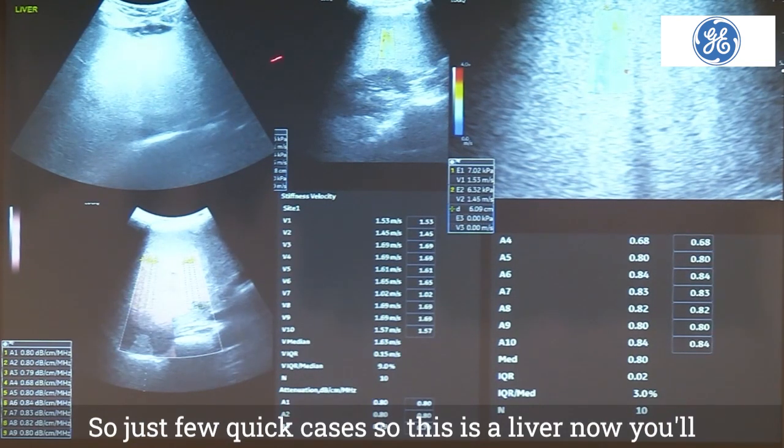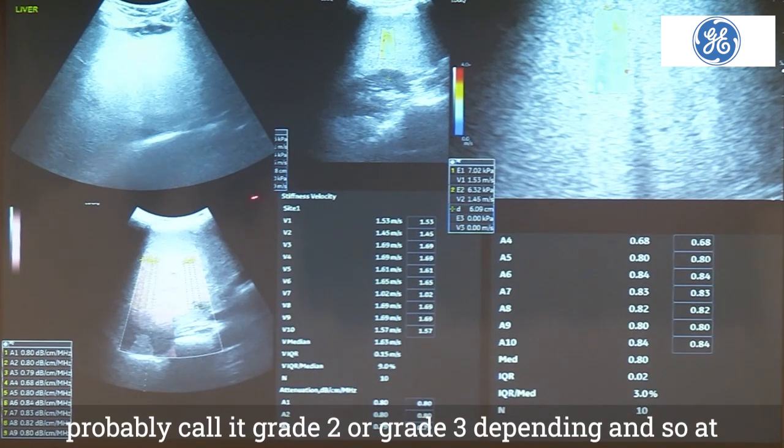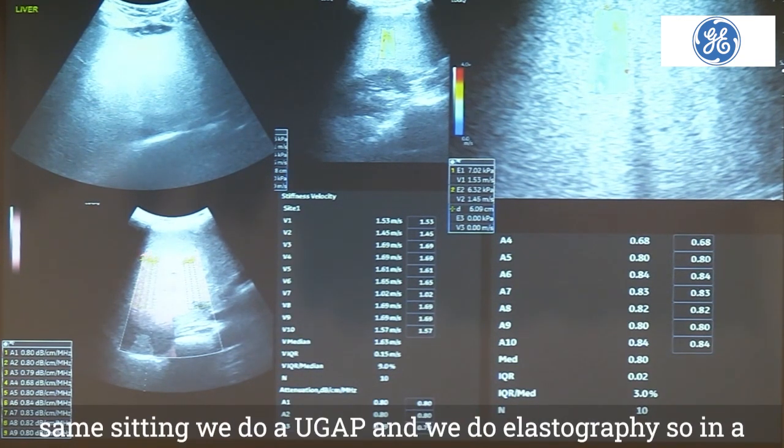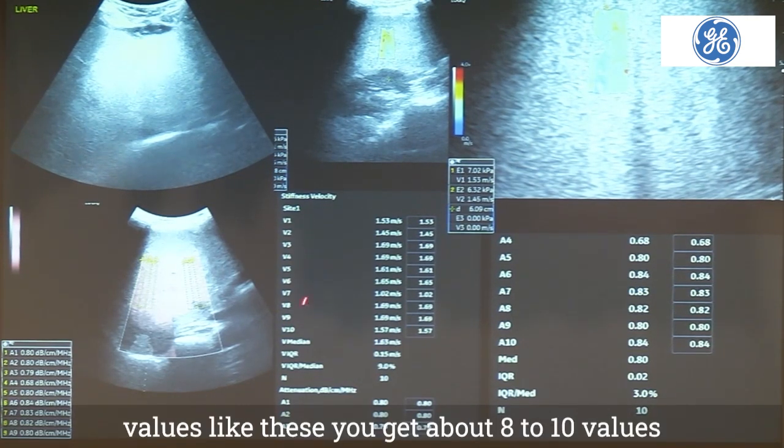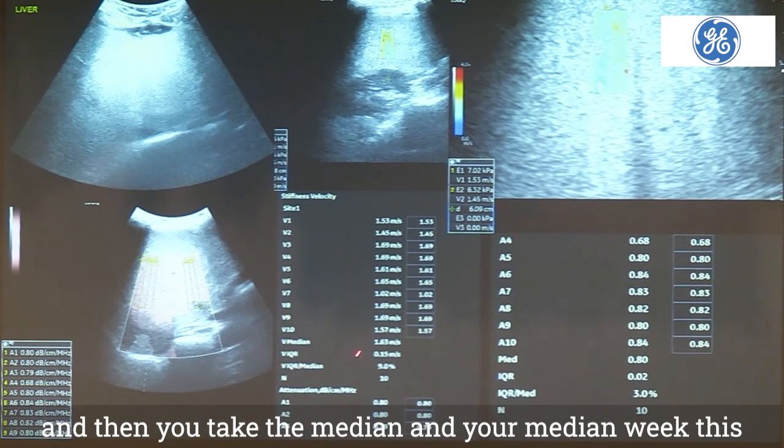So just a few quick cases. This is a liver. Now you'll probably call it grade 2, grade 3, depending. At the same sitting, we do a UGAP and we do elastography. In a matter of 2 to 4 minutes, you're done and you get values like these. You get about 8 to 10 values, and then you take the median.